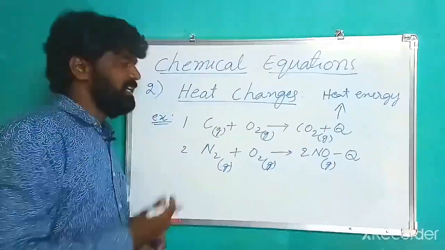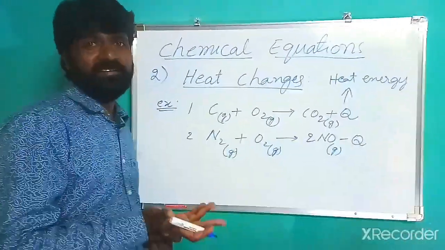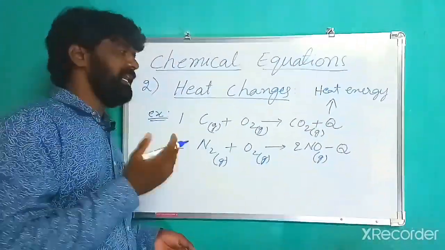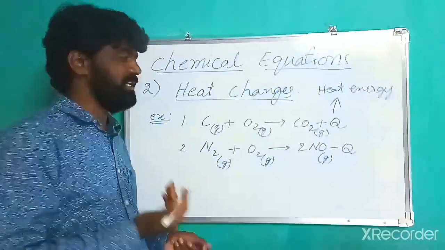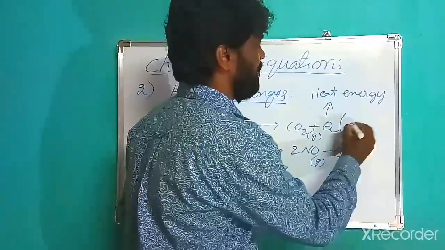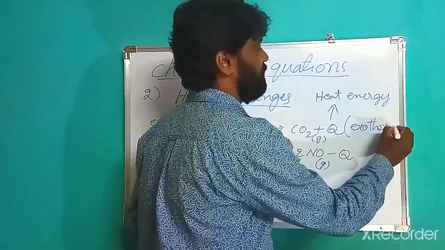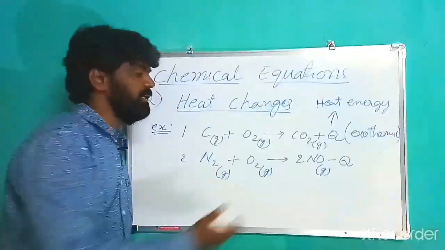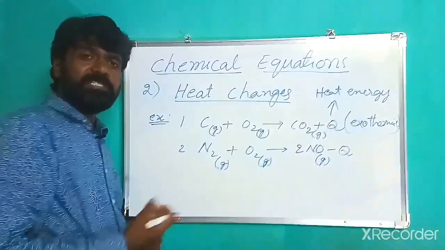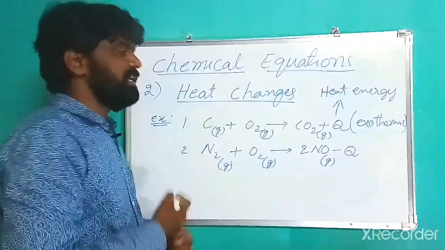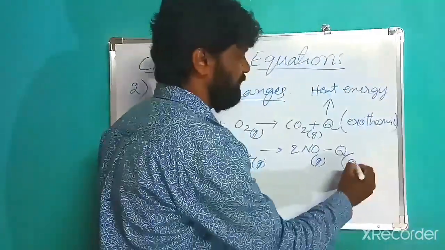Plus means heat is liberated. That means if any equation liberates heat, that means gives heat, it is called an exothermic reaction. Minus means absorbed heat. It is taking heat, so it is called an endothermic reaction.